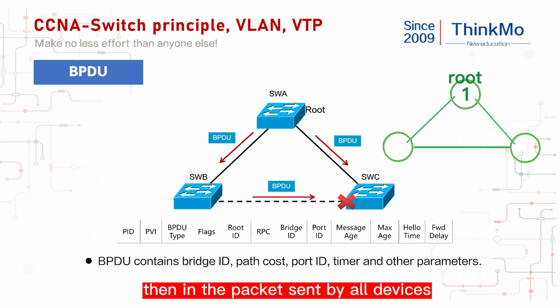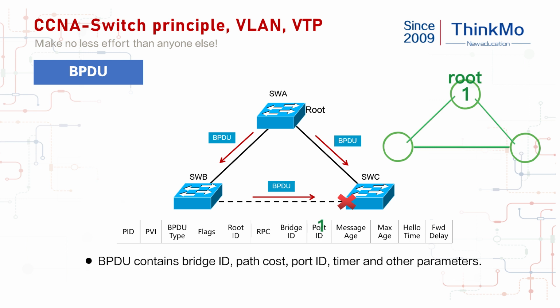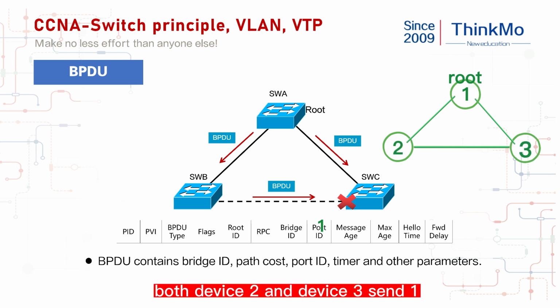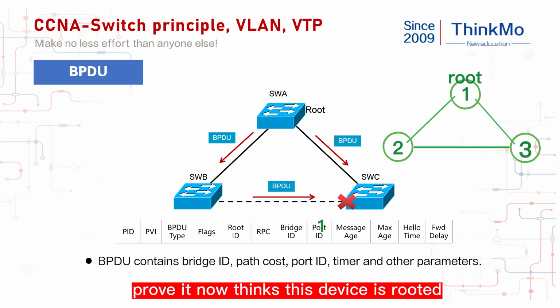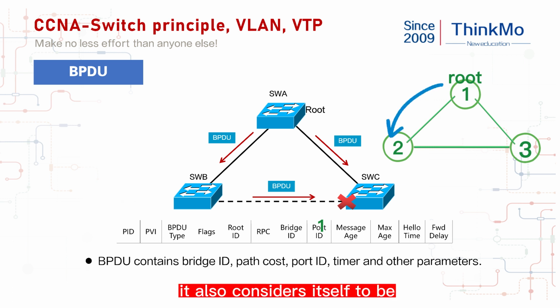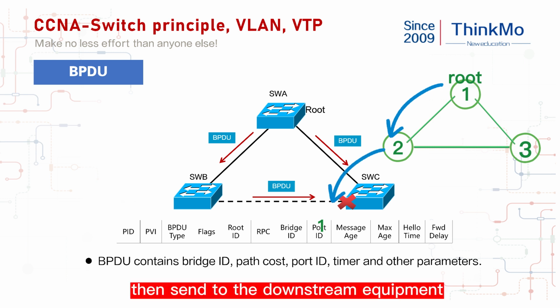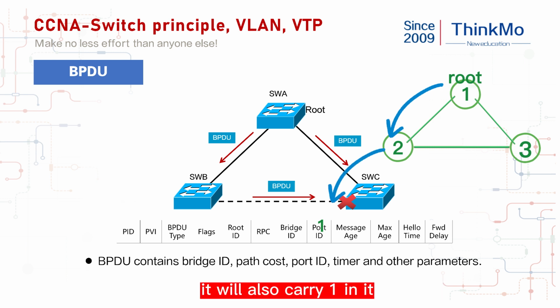Then in the packets sent by all devices, root IDs are all 1. Both device 2 and device 3 send 1. It proves it thinks this device is the root. It also considers itself to be root. Then it sends to the downstream equipment, and it will also carry 1 in it. Also consider it root. STP relies on such BPDU messages to maintain the overall relationship.